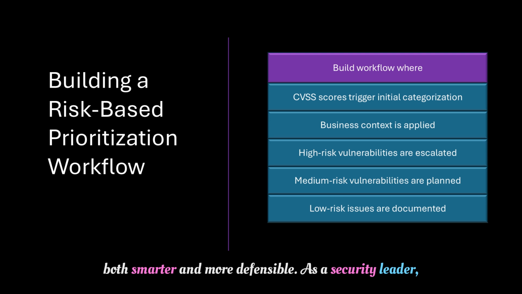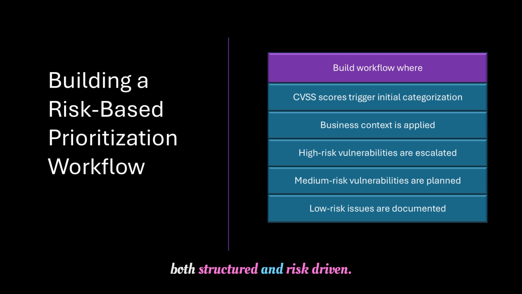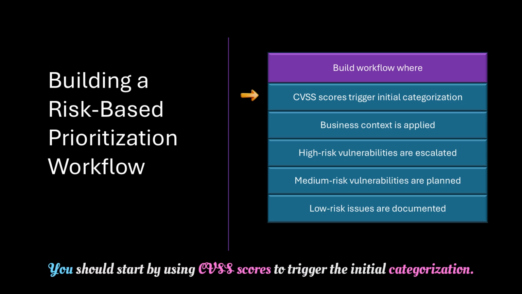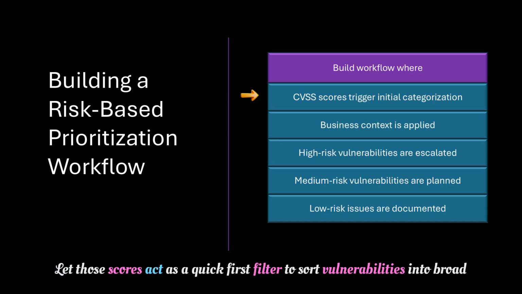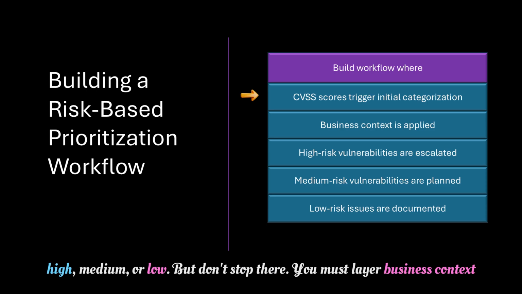As a security leader, you need to build a workflow that makes vulnerability prioritization both structured and risk-driven. You should start by using CVSS scores to trigger the initial categorization. Let those scores act as a quick first filter to sort vulnerabilities into broad severity buckets: high, medium, or low. But don't stop there.